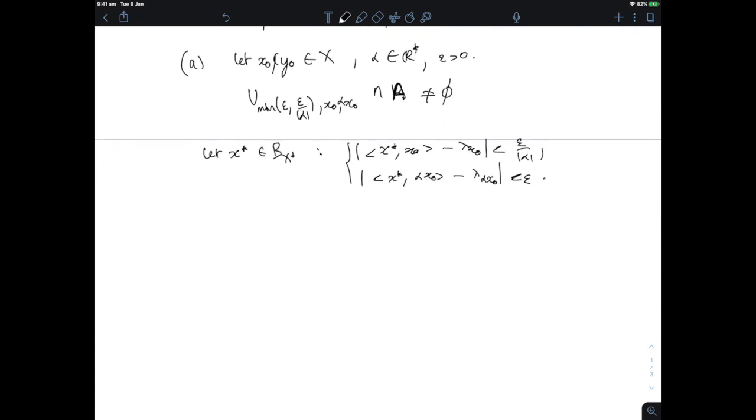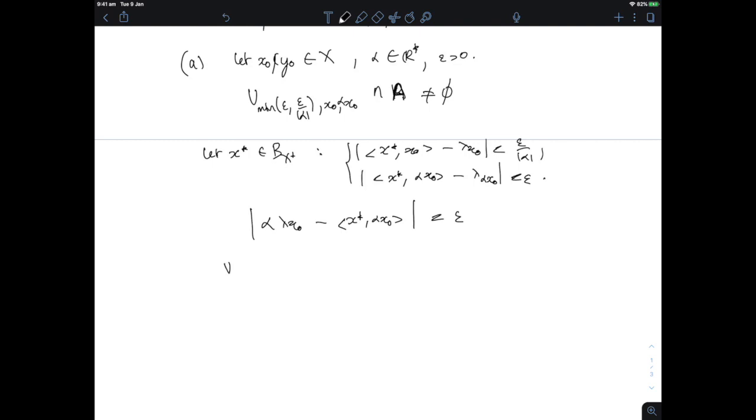That gives me that alpha times lambda x0 minus x star alpha x0, using the bilinearity of the duality product, is smaller than epsilon. Right. And in the meantime, x star alpha x0 minus lambda alpha x0 is also smaller than epsilon.